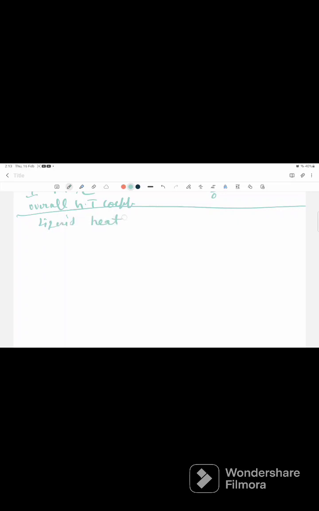Liquid heated with steam, heated with a steam coil. Heating liquid with steam will change the internal energy of the liquid.